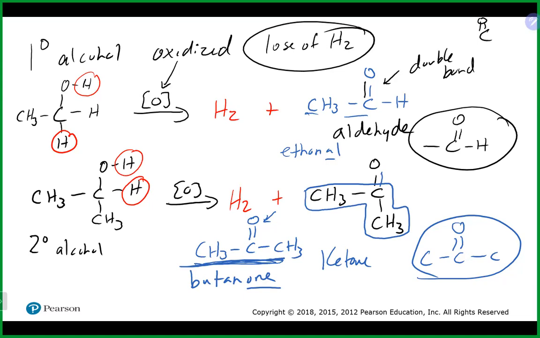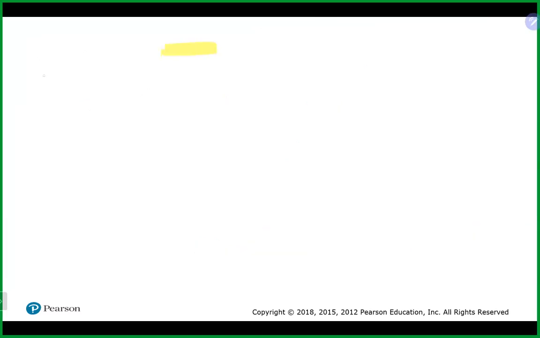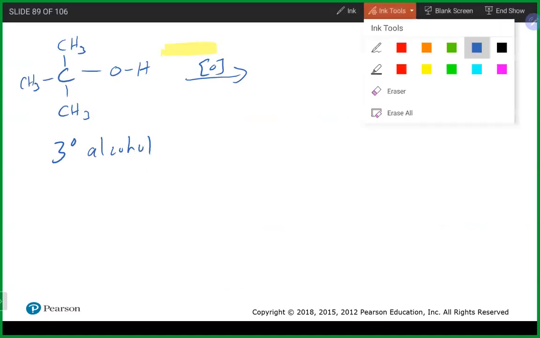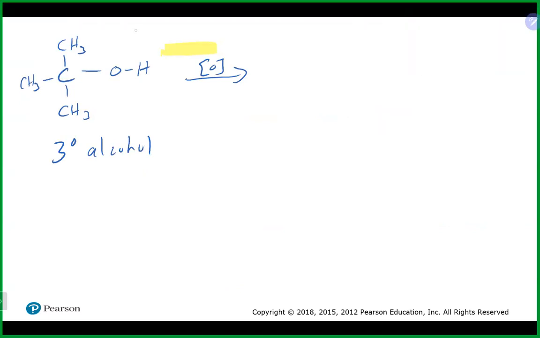That leaves us our tertiary alcohol. If we had a tertiary alcohol like this guy right about here, and we go to oxidize it, remember that when it goes through an oxidation, we need to remove 2 hydrogens, 1 hydrogen from the OH, and the other hydrogen from the carbon.